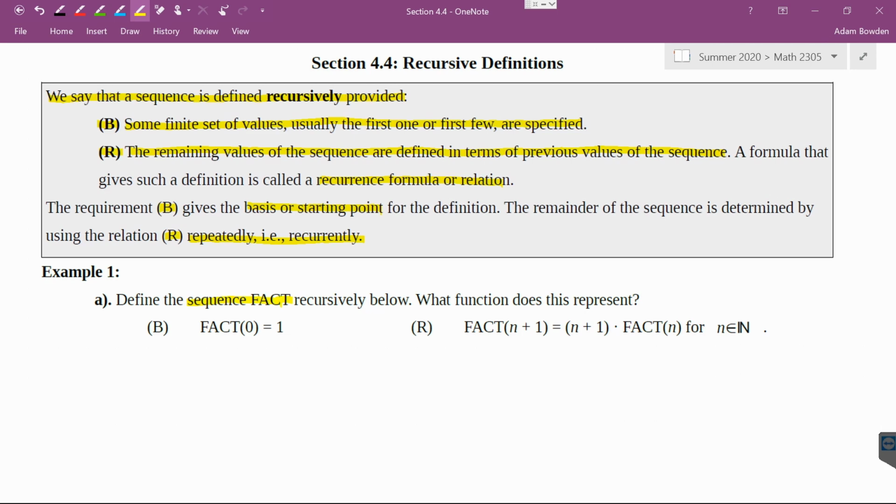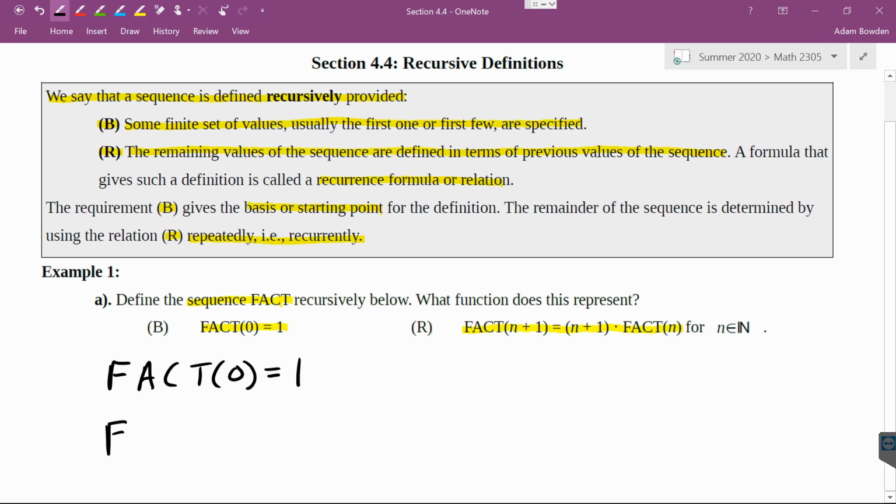And so the first part says that fact of 0 is equal to 1. That's the basis or starting point for the definition.